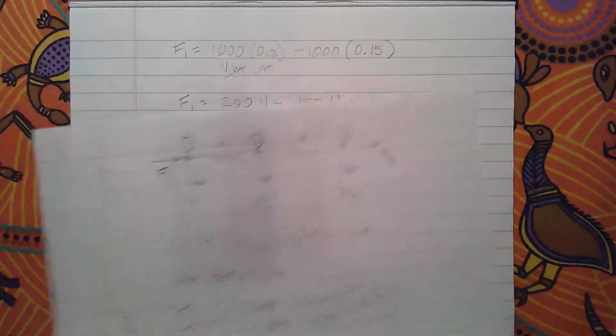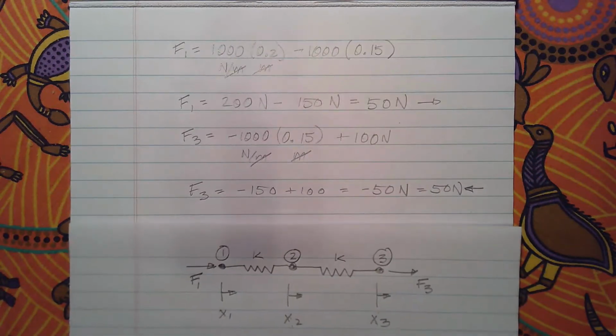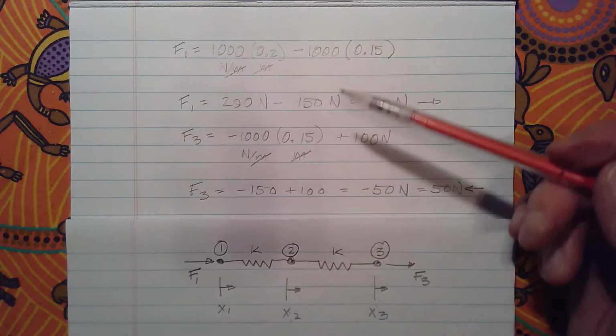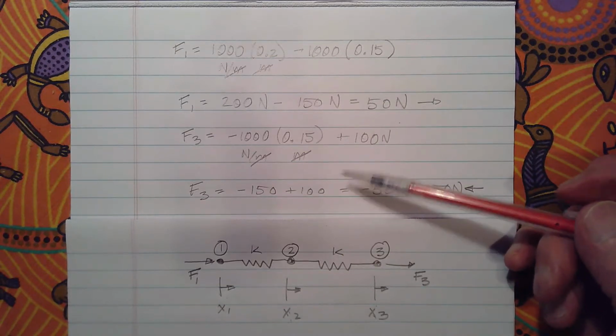So if we go back and look at our problem with these results, yeah, that works. Obviously, this is a static problem, so F3 has to be equal and opposite to F1, and our methodology delivered exactly that.